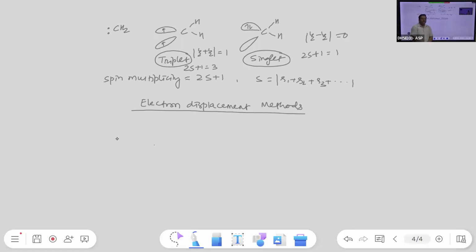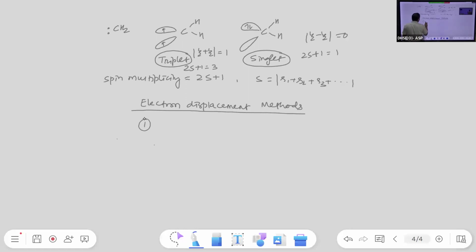Since all the atoms are directly bonded with each other, what about the displacement of the electron? Whether the displacement of electron will be between 2 atoms, or it can be propagated to more than 2 atoms, or it will be restricted between 2 atoms, we will discuss.